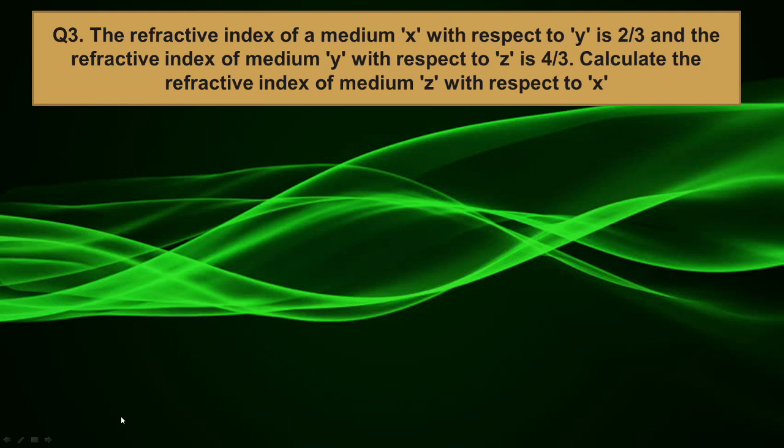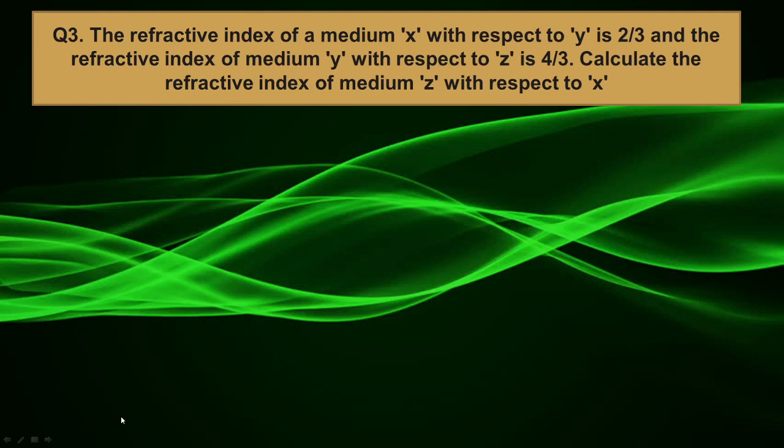Also it is given that the refractive index of y with respect to z, mu y divided by mu z, equals 4 by 3. So these two pieces of information are given. What to do? Calculate the refractive index of medium z with respect to x.